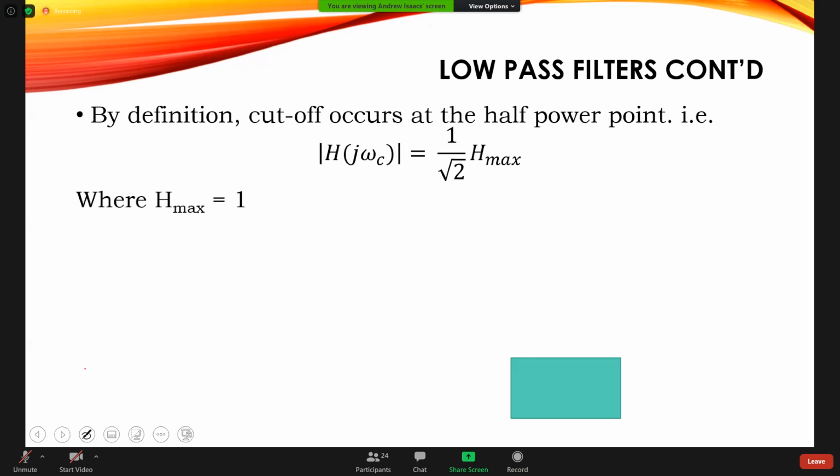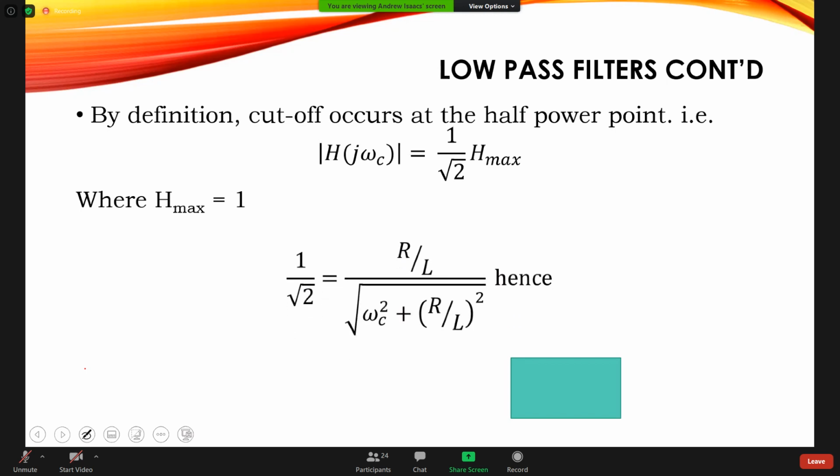So the maximum would be 1. When it reaches 0.707, I'm assuming we remember all of that, 1 over root 2, 70.7%, it is at that point that we designate cutoff. So I'm going to make the magnitude 1 over root 2. Where the magnitude is 1 over root 2, it means that we would have reached our cutoff frequency, omega c.